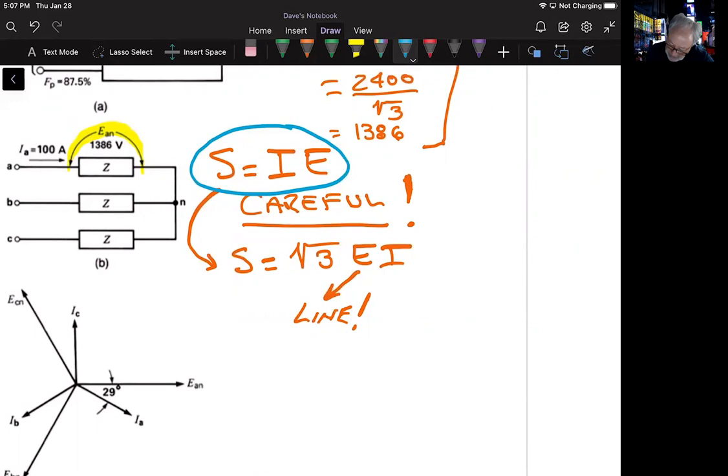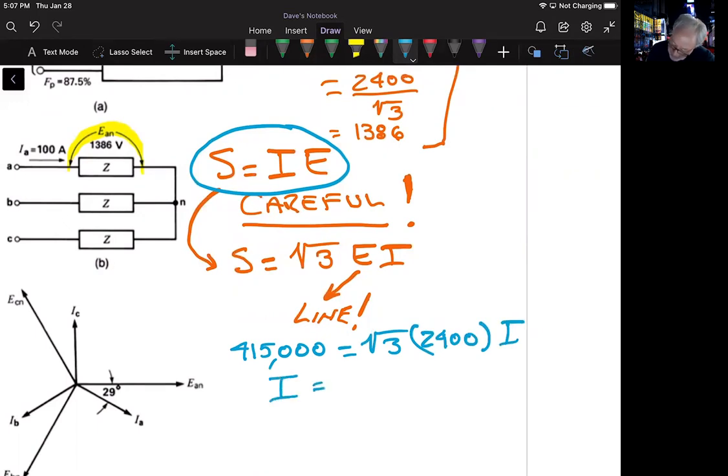If that's the case, and we know that S is 415,000, and we know the square root of 3, we know that line voltage is 2,400, and what we're trying to find out, of course, is current. So current is going to be 415,000 divided by square root of 3 times 2,400.